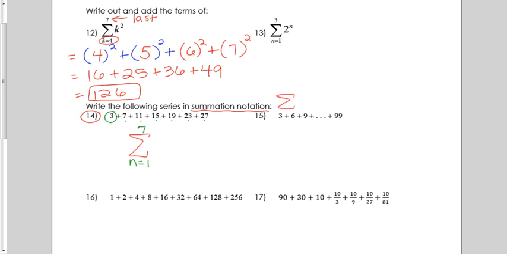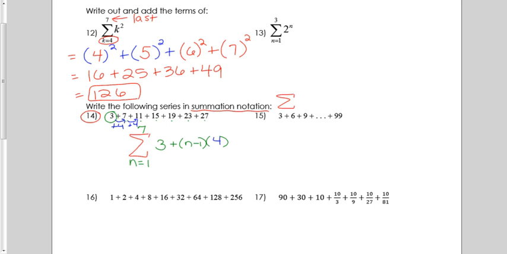So I need to figure out what is my pattern. Every time in this one, I'm adding 4 to get to the next term. So I can tell this is an arithmetic series. The formula for an arithmetic series starts with a sub 1. So my first term is 3. Then I have plus n minus 1. I've got to leave the n minus 1 in there. That's what makes it a formula. And then at the end, I multiply by d, the common difference.